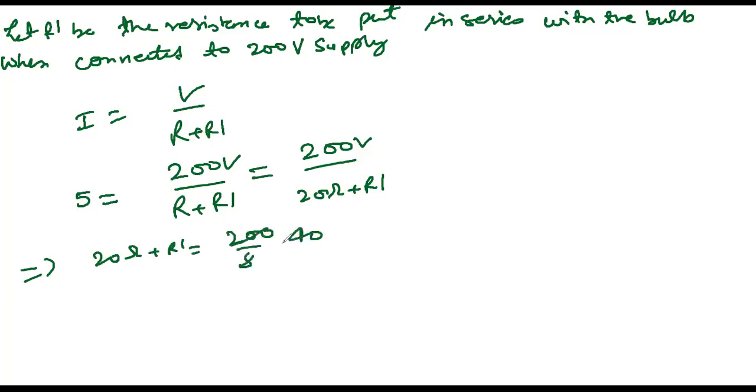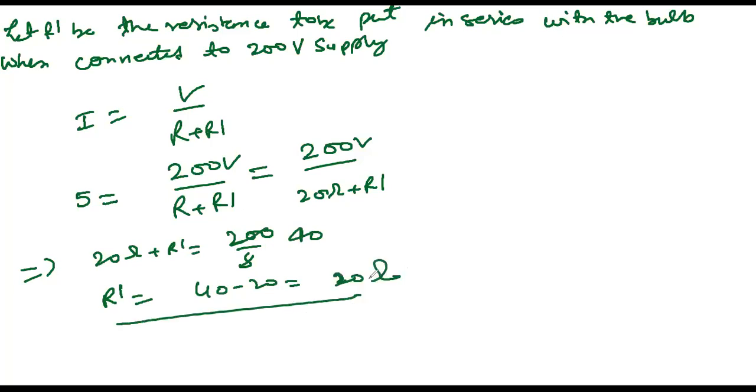That is 40. R dash is equal to 40 minus 20. We'll be getting 20 ohm. Have you followed it? Yes, sir. Your solution is over. Have you understood? Yes, sir.